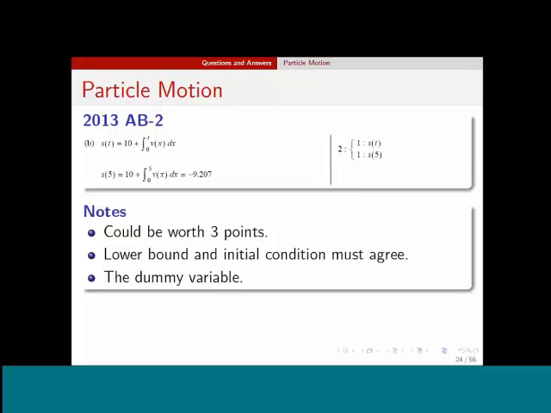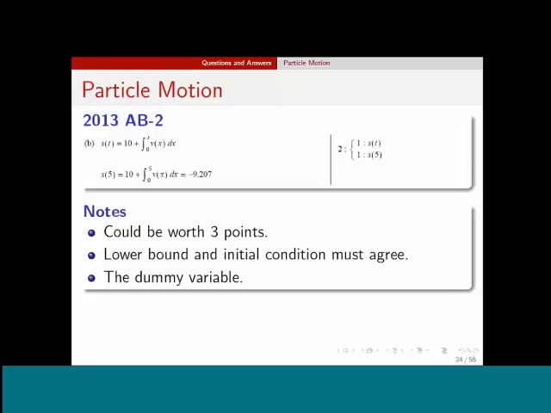If it were a graphing calculator active question, we might give them 1 point for using the correct integrand, 1 point for the limits and the initial condition, and 1 point for putting it all together and getting the correct answer. Sometimes we give partial credit on a question like this, but if we do, we want to make sure that the lower bound and the initial condition must agree, and I think you understand what I mean by that.